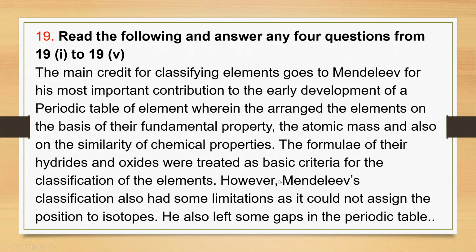The formulas of their hydrides and oxides were treated as basic criteria for the classification of elements. However, Mendeleev's classification also had some limitations, as it could not assign a position to isotopes. He also left some gaps in the periodic table.